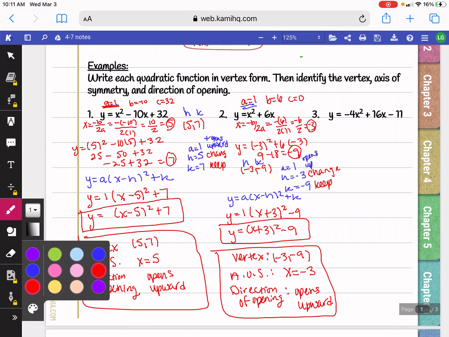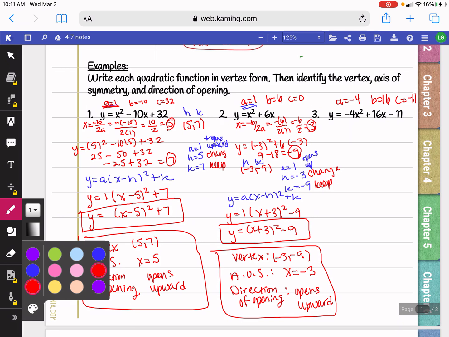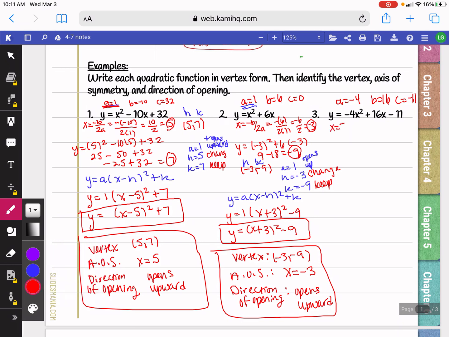Now, if we look at the next example, I'm going to label my a, b, and c. And I'm going to plug into my formula for the vertex, -b over 2a. Here I have -16 over 2 times -4. So I get a +2.